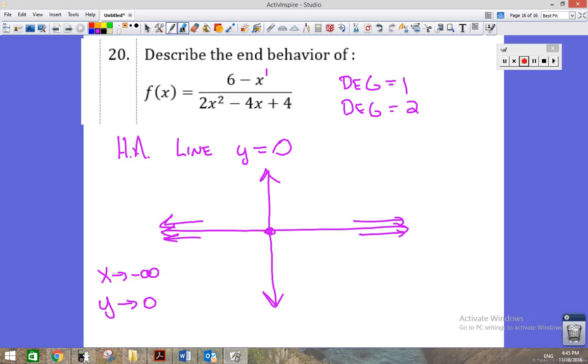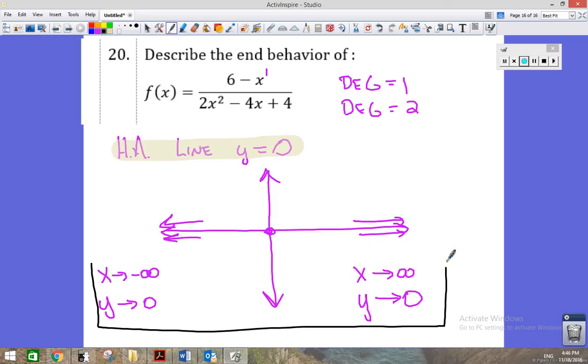That's what it means to be a horizontal asymptote of y equals 0: the y values are getting closer and closer to 0. And for these rational functions, they're doing it on each side. So that's what it wanted, and I think some people were confused. They didn't make the connection of what a horizontal line is.